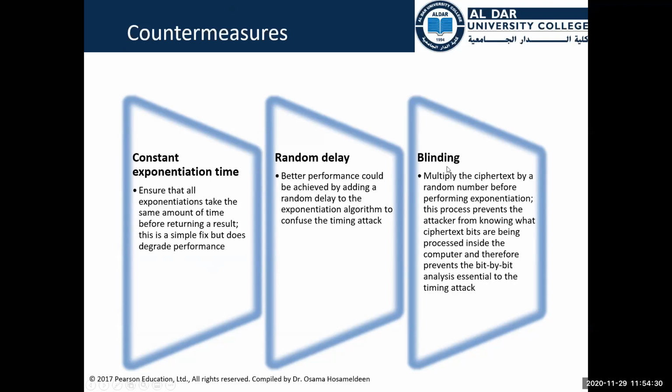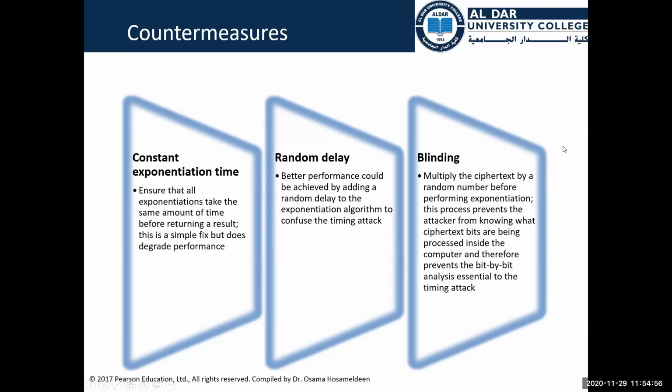And the last one is the easiest one, or maybe you can say this is the fastest way, or the most accurate way, which is just to multiply the ciphertext by a random number before performing the exponentiation. This process is very good, with high performance, to deter the timing attack.